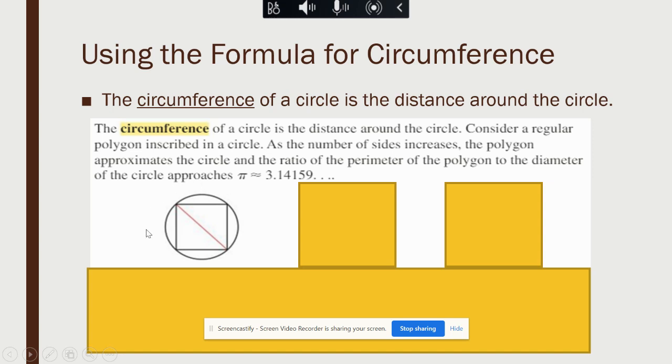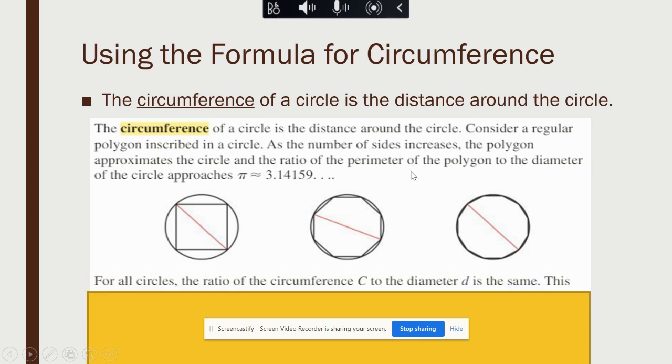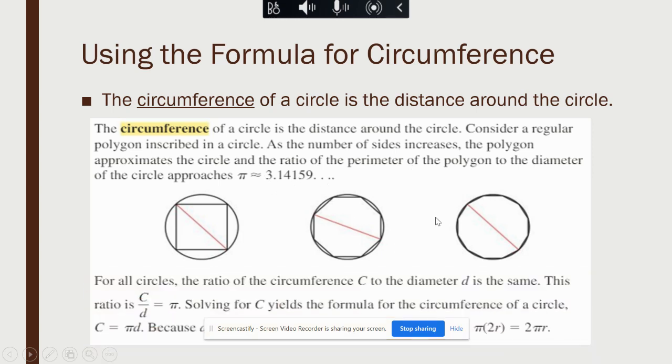When they took the measurement around the circle and divided it by the diagonal of the square, or the diameter of the circle, they noticed it was really close to this number, and they got more and more sides. Here they have an octagon. They did the same thing, and they noticed that this was getting closer to this number. They did it with more sides, and the length around the circle divided by that diameter was closer and closer to this number. So that's how they discovered pi.